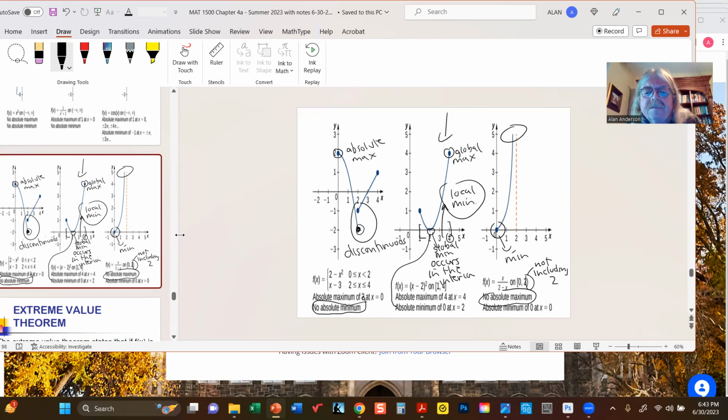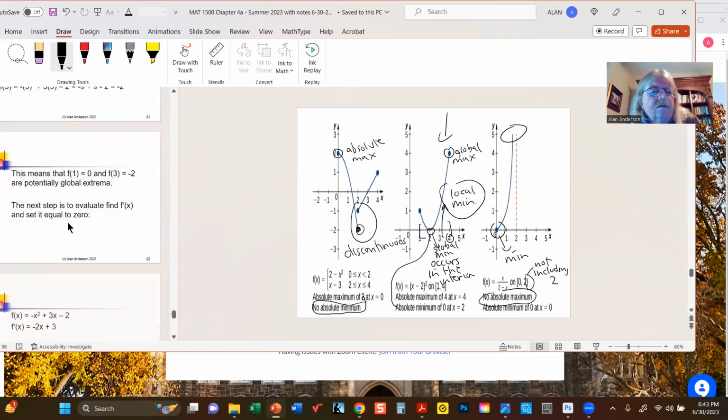So we may or may not have an absolute maximum or minimum. This first one has an absolute maximum, but no minimum. The second one actually does have one of each. And then the third one has an absolute minimum, but no maximum.